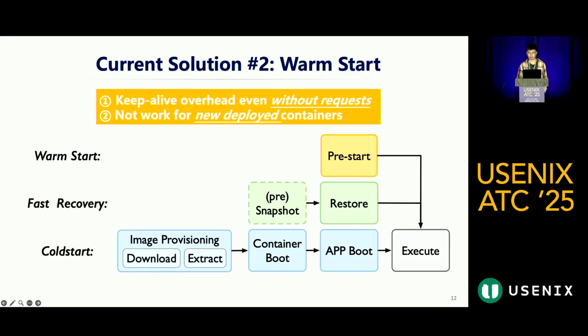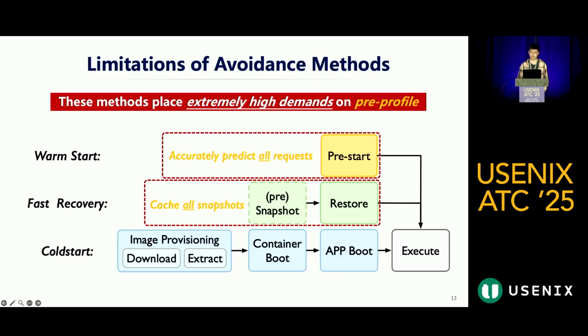For newly deployed services, it is even more powerless. In summary, these two avoidance-based strategies impose unrealistic demands of pre-profiling. Specifically, warm start requires accurate prediction of all request arrivals, while fast recovery depends on proactively caching all container snapshots. These requirements are difficult to fulfill in real-world systems.